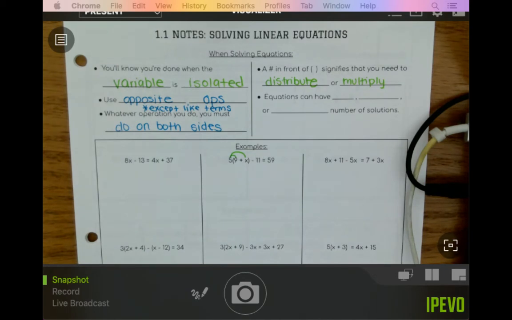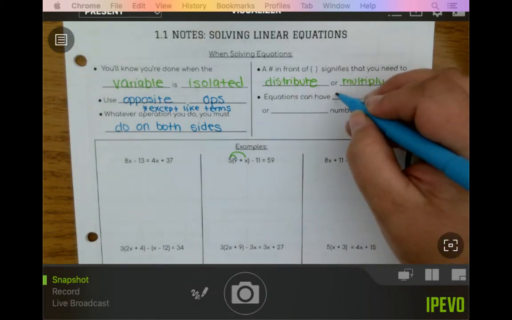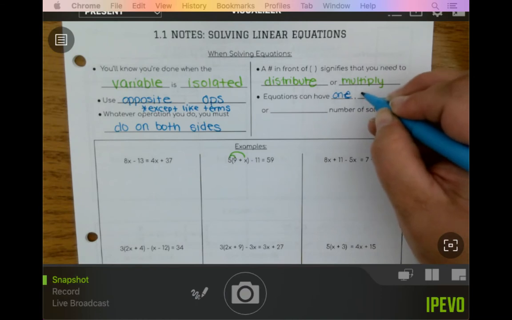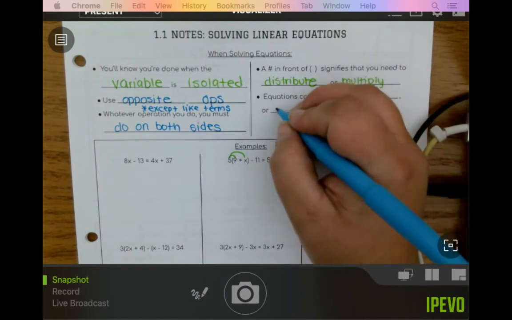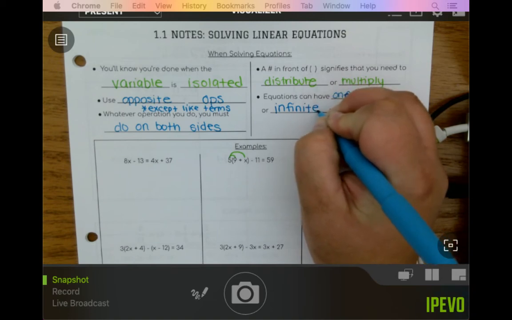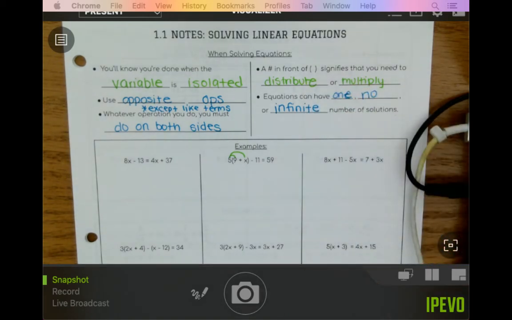And then lastly, equations can have multiple types of solutions. They can have one solution, no solution, or infinite solutions. And I'm going to remind you how all 3 of those pop up.